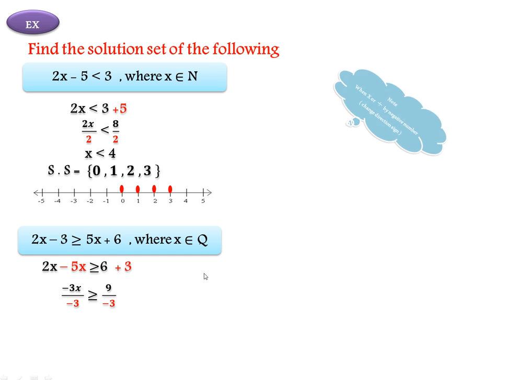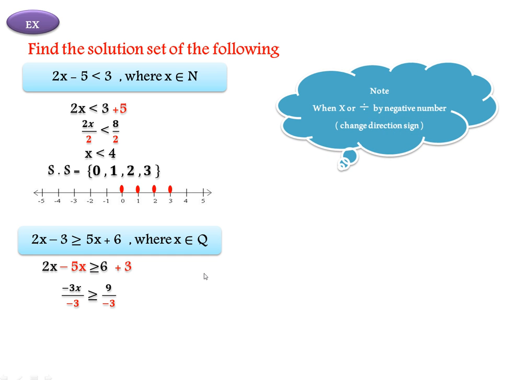But we must note that when we multiply or divide by a negative number, we must change the direction of the sign: if it is more than it becomes less than, and if it is less than it becomes more than. Here we divided by a negative, so the sign more than or equal becomes less than or equal.